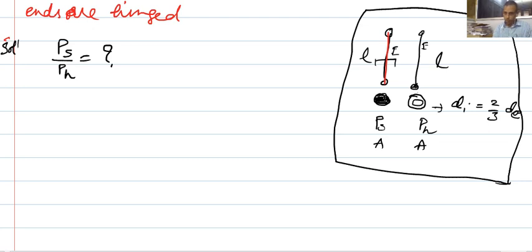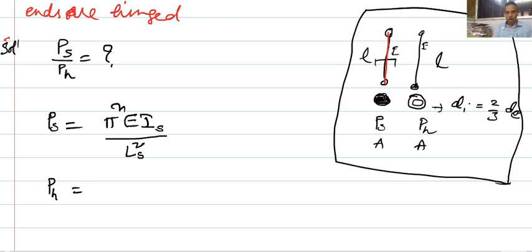Both ends hinged, fine. So what is PS? Pi square E I, moment of inertia of the solid, by L square, right, L length of the solid, both are same. So nothing to worry much, okay. So for the hollow, pi square E of the hollow, E both same material, right.